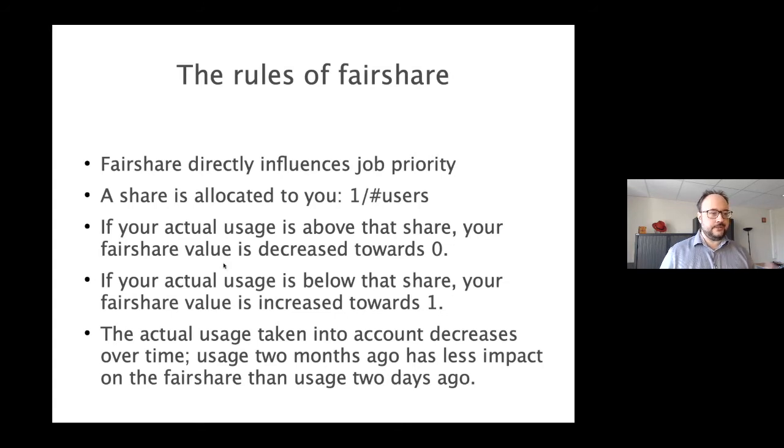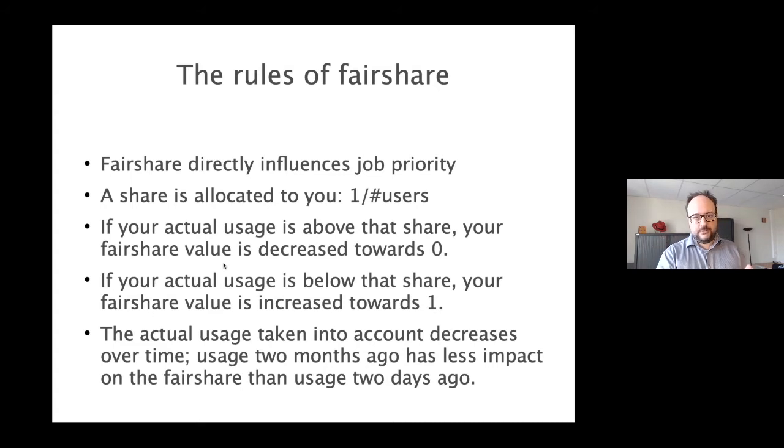So fair share directly influences the job priority, as I said. A share is allocated to you, which is 1 over the number of users. And as I showed you, if your actual usage is above your share, then your fair share value will be shrunk to 0. But if your actual usage is lower than what you are entitled to, your fair share value is increased towards 1.